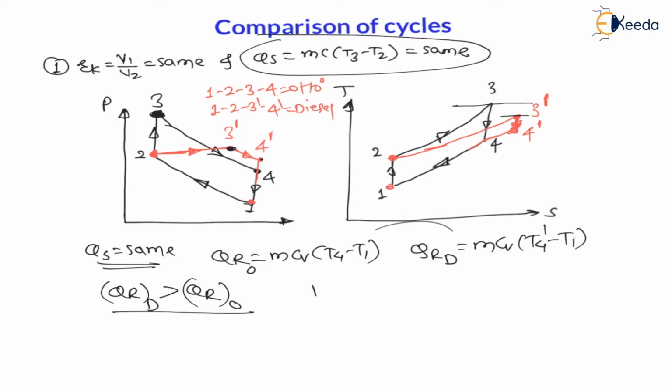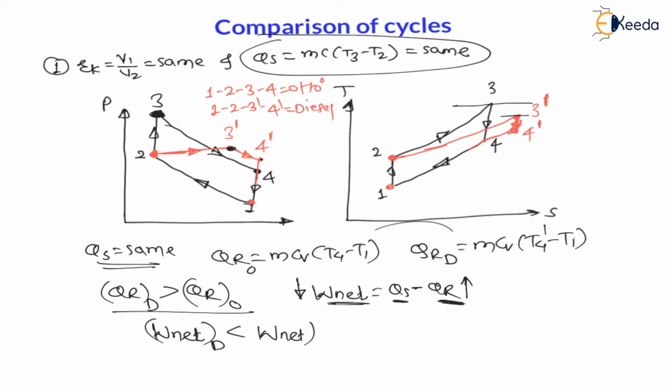And my dear students, net work is nothing but heat supply minus heat rejected. As heat rejected is increasing, W net is decreasing because heat supply is constant. Therefore for the diesel cycle, heat rejection is more, therefore W net will be less. Therefore net work output for diesel is less than net work output of Otto.